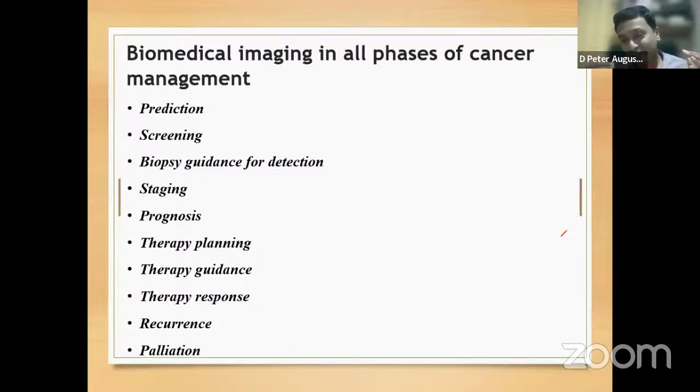Prediction is from day one when the patient comes with complaints of some kind of illness, and screening to find out, then biopsy guidance for detection to confirm to some extent, taking the tissue of that particular region and testing it, then finding the stage 0 to 4, then prognosis of the disease, then therapy planning, therapy guidance, therapy response, recurrence, palliation. Okay, everywhere we have our role.